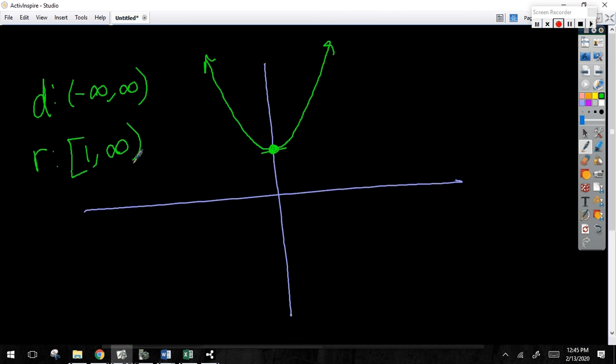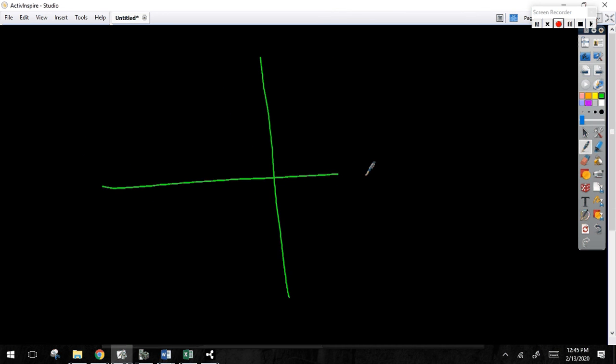Let's look at another one. Hopefully this is pretty easy. I hope you've seen domain and range before. You don't remember? Vertex on this one is at 0, 0.